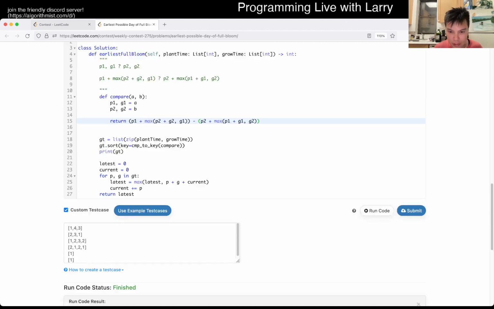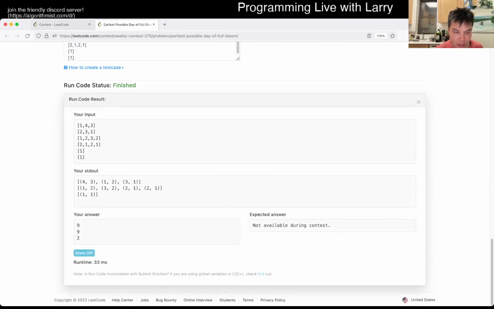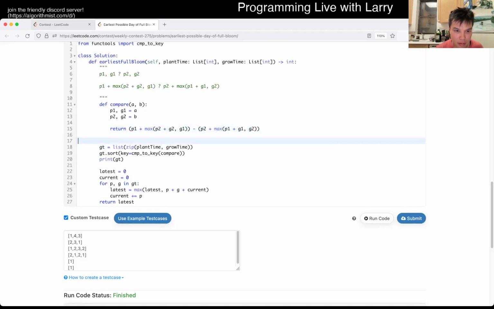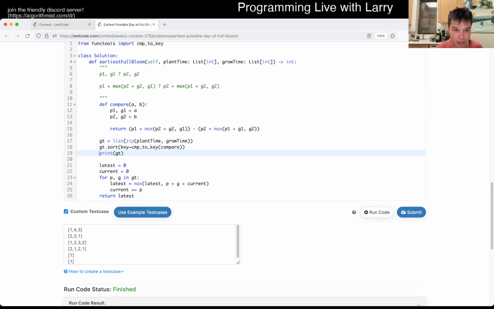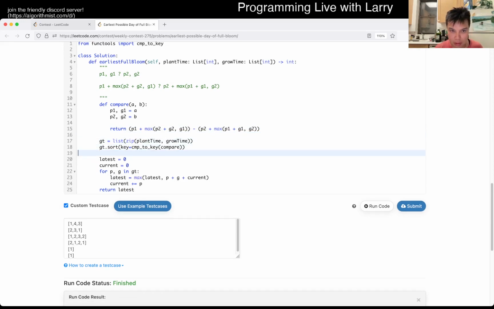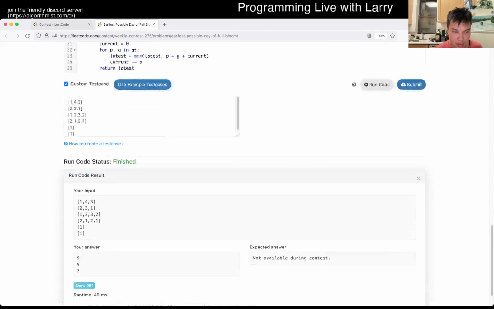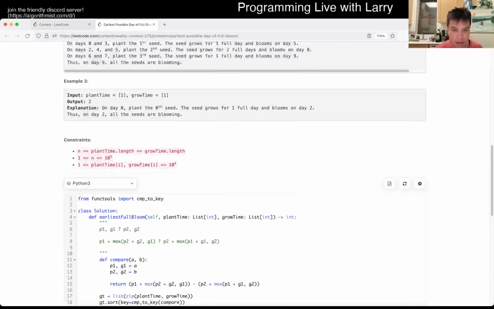I hope this works. Syntax wise, I'm not sure about it. Let's see if that works.